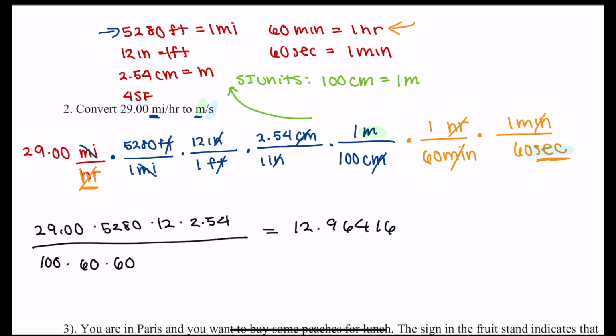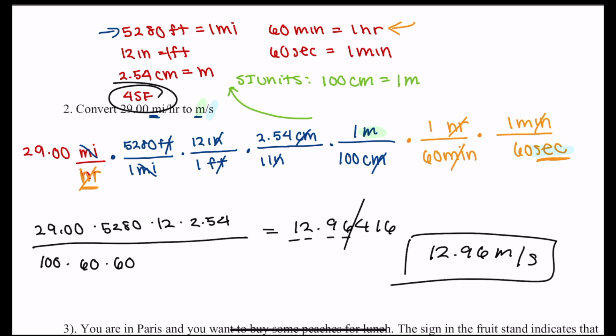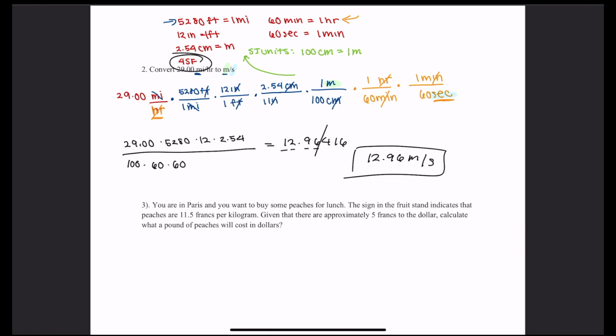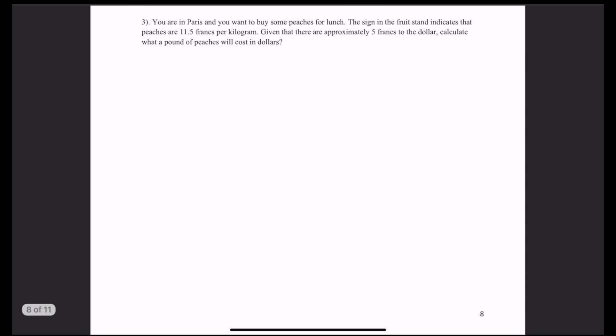And this answer has 4 sig fig. 1, 2, 3, 4. Cut it off right here. I round down, so my final answer will be 12.96 meters per second. And that will be your final answer.